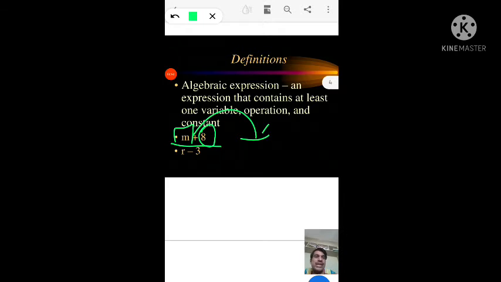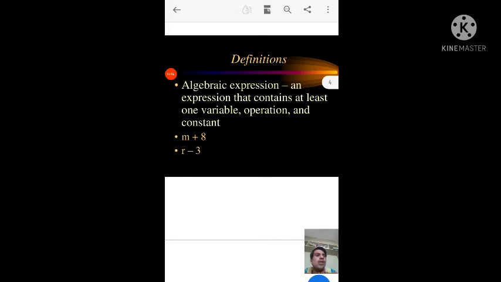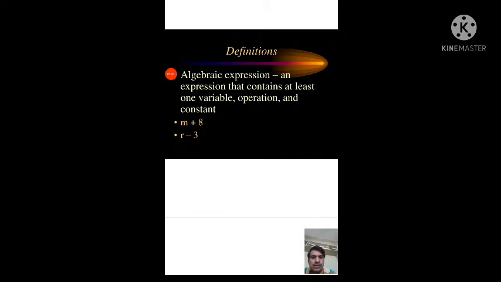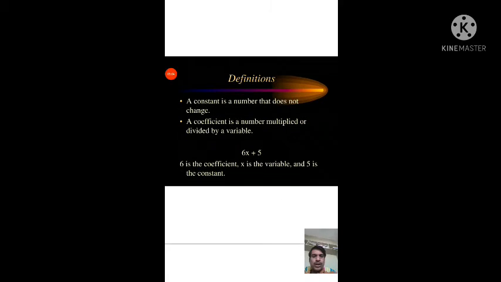In between this variable and constant we are having an operator sign, that is minus, so this is also an expression. So these are the examples of algebraic expression. Now, an algebraic expression is terms added to form an expression. So this is what we have learnt in the previous class.